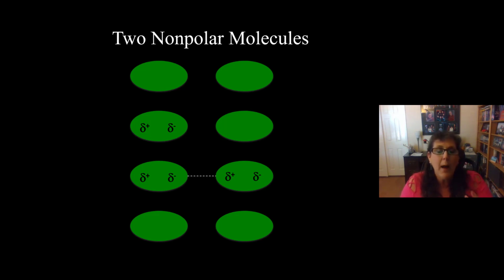We have the delta minus of the first molecule connecting to the delta plus of the second molecule, and there's an attraction represented by that white line for a moment. It's very temporary. And then the electrons go back to being normal and the force goes away, and we have our bottom step where we're back to 2 non-polar molecules. So non-polar and temporary, again, are key words for London dispersion force.